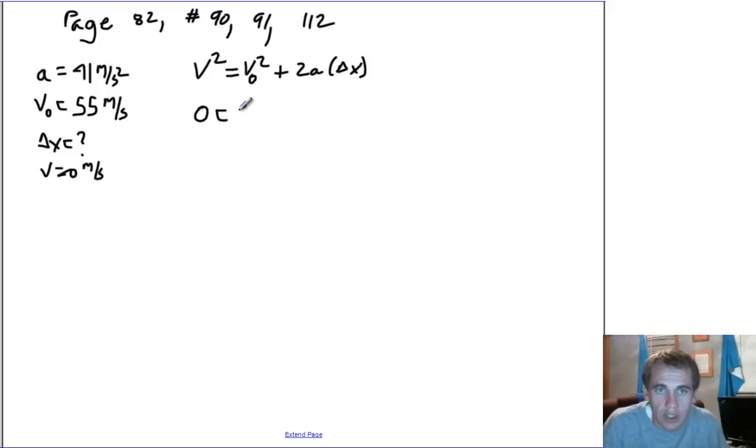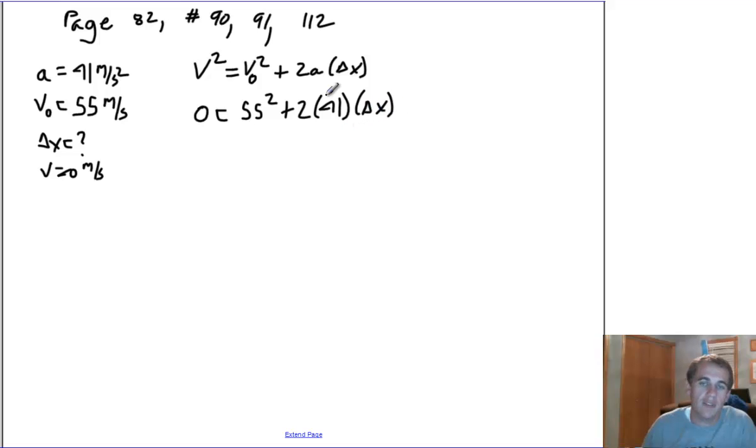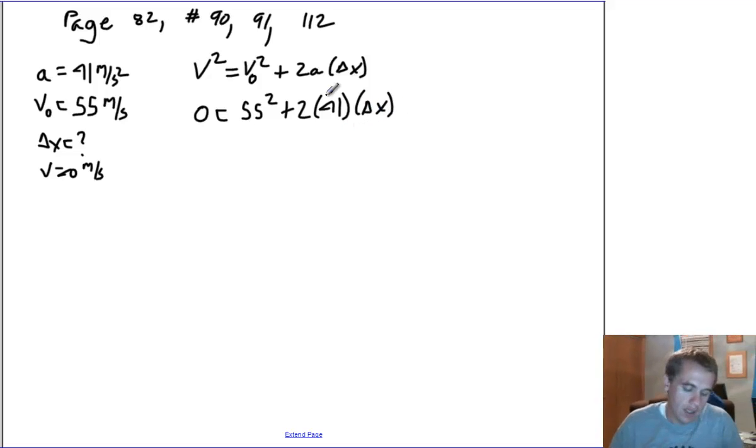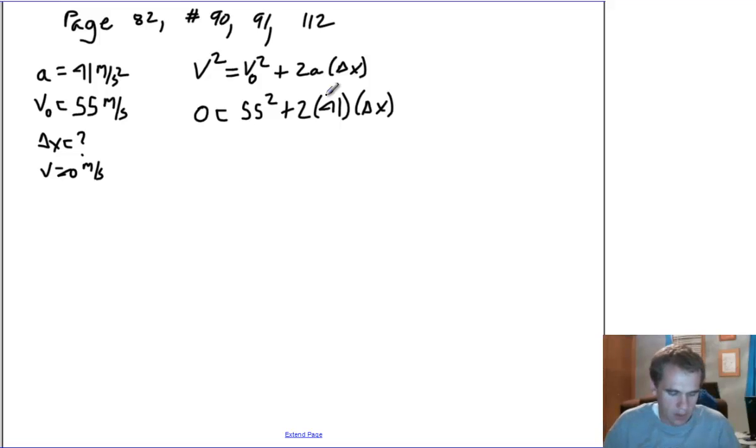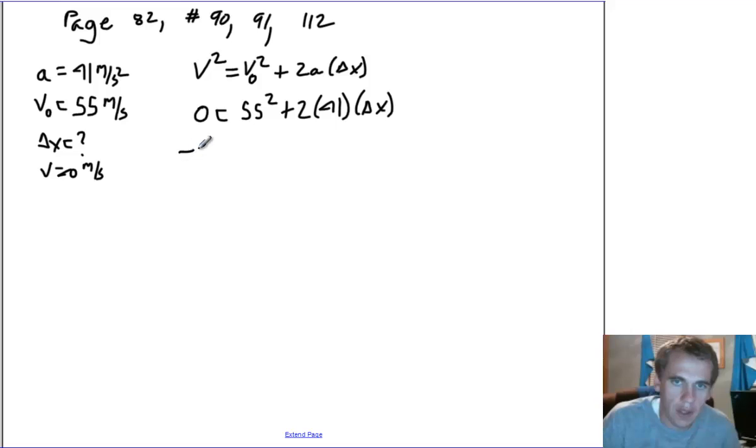0 equals 55 squared plus 2 times negative 11 times delta x, and 55 squared over, so it becomes negative 3025 equals negative 22 times delta x.